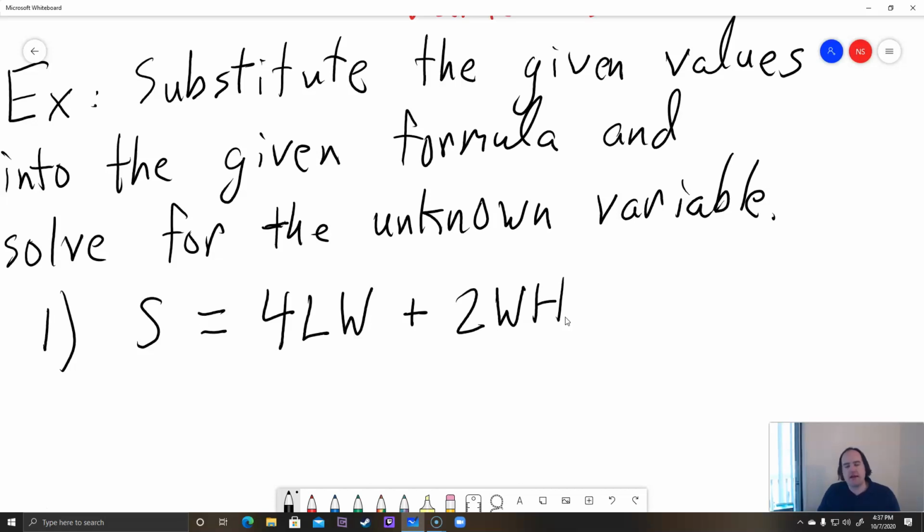Alright, so our formula is S equals 4LW plus 2WH. And they're telling us that capital L equals 7 and capital W equals 4.